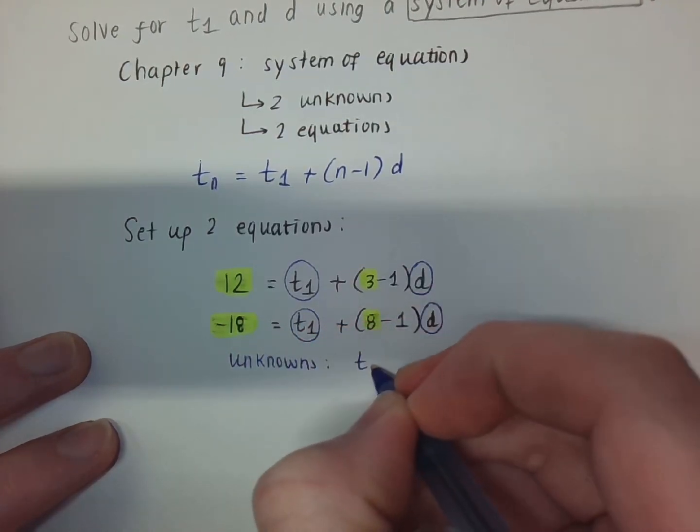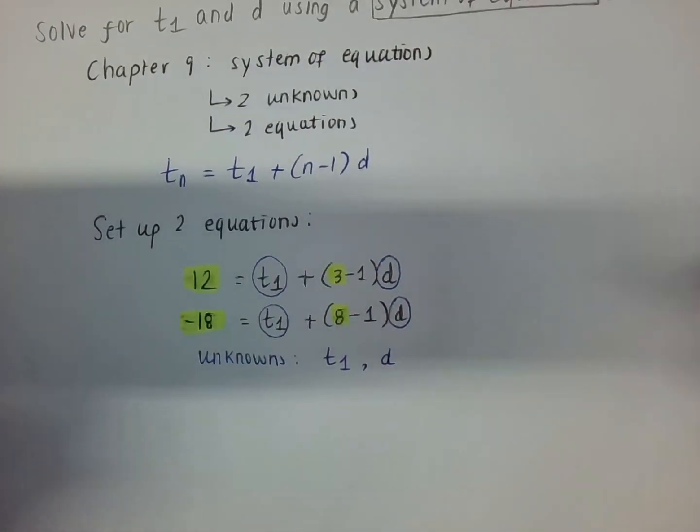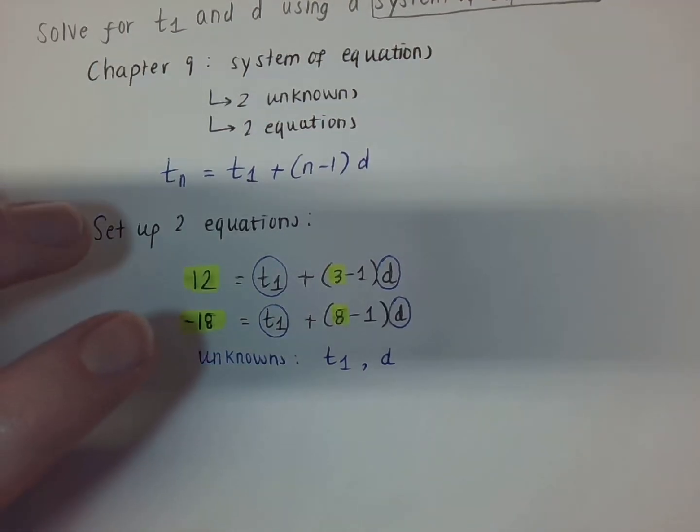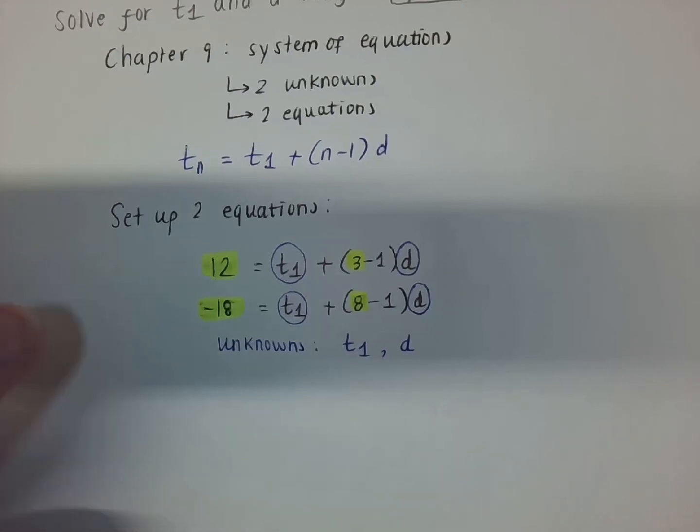Our unknowns are T1 and d. But since we have these two equations, we can use whatever tools we were using in chapter 9 to solve for both unknowns.